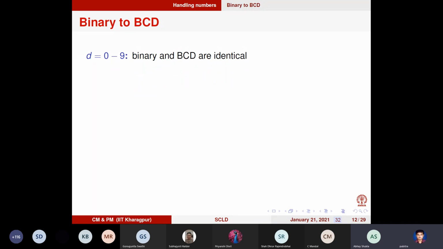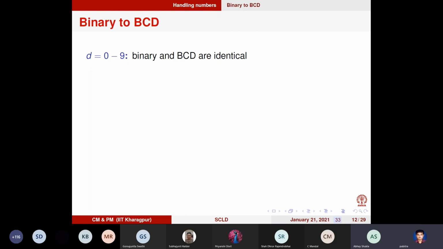As we have discussed, every decimal digit has 4 bits to represent it. Since there are 4 bits, you kind of have a redundancy because you have 16 different combinations of 4 bits. Each of these 16 different combinations is called a tetrad.